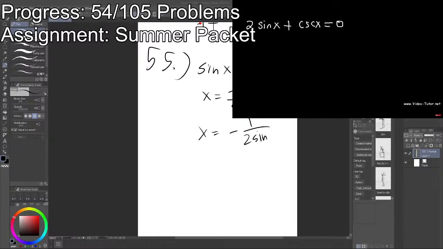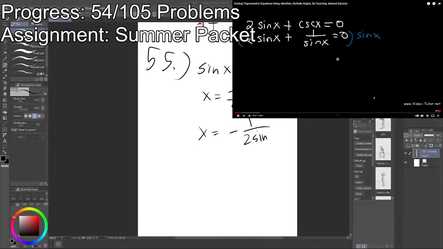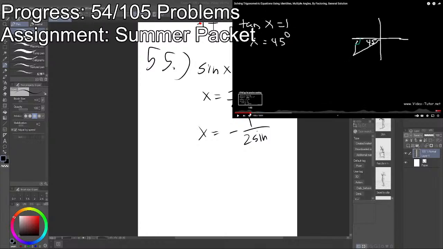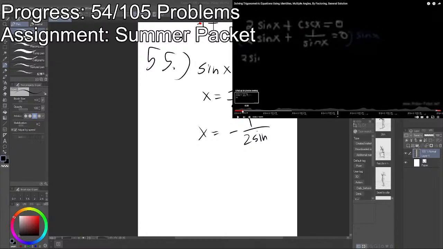So let's start with the one that we have on the board. 2 sine x plus cosecant x equals 0. What do we need to do first? So cosecant x is the same as 1 over sine x. It's a reciprocal function. And right now we can't really solve for sine x. What we need to do is multiply both sides by sine. This 2 isn't gonna help me. Or wait. Okay, I was a little too hasty actually.